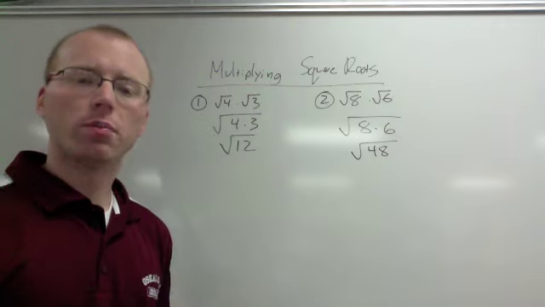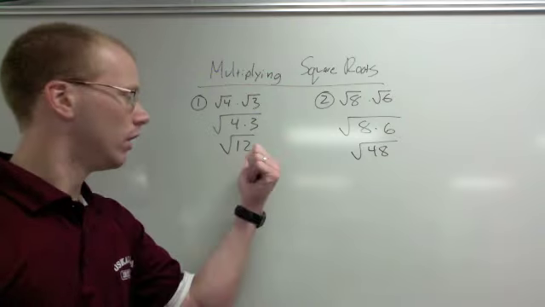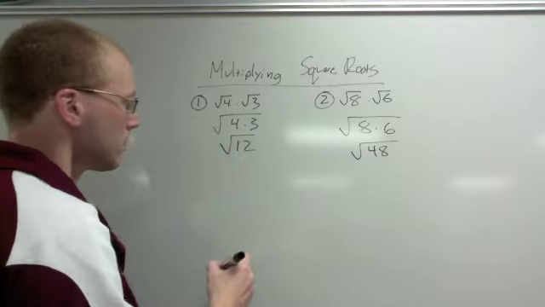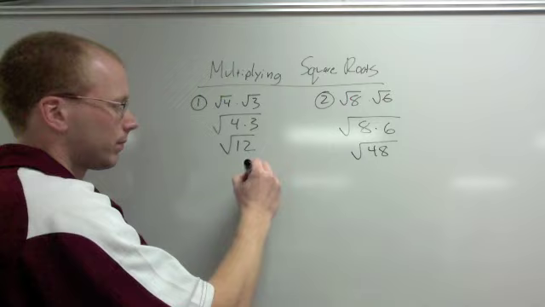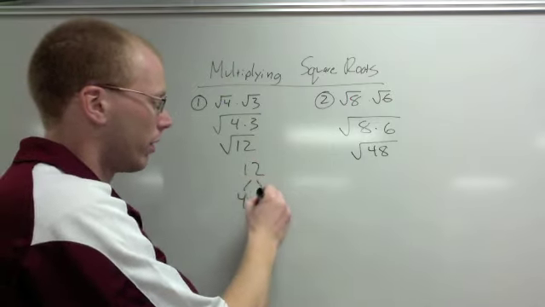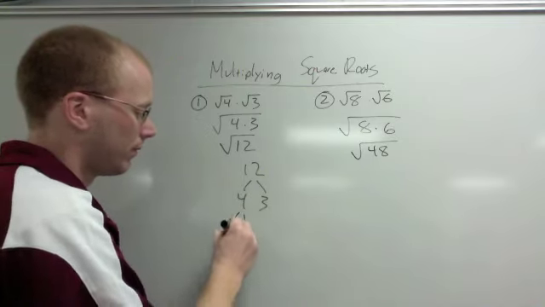Now after you multiply, you got to see if you can simplify your square roots. So I have 12. So let's make a factor tree. We can break 12 down into 4 and 3. We can break 4 down into 2 and 2.